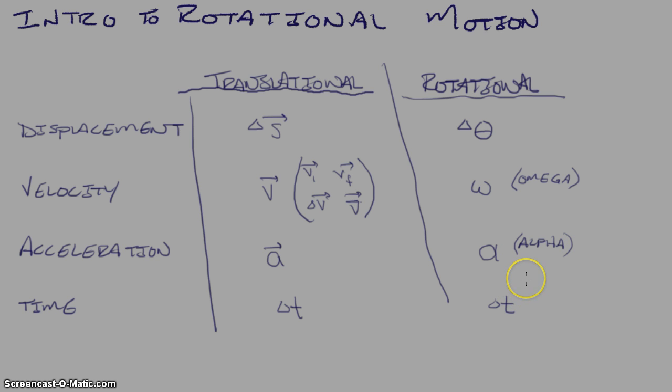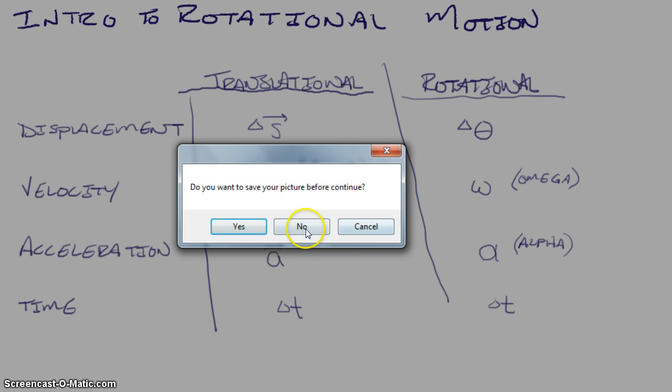All right, so now we have translational and rotational quantities. We have symbols for them. I'm going to show you how they all go together. So our kinematics equations, the big four. Displacement equals 1/2 acceleration time squared plus initial velocity times time.